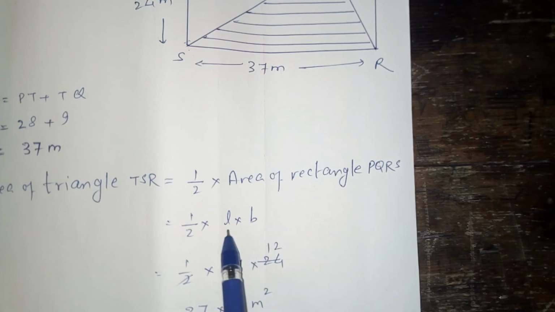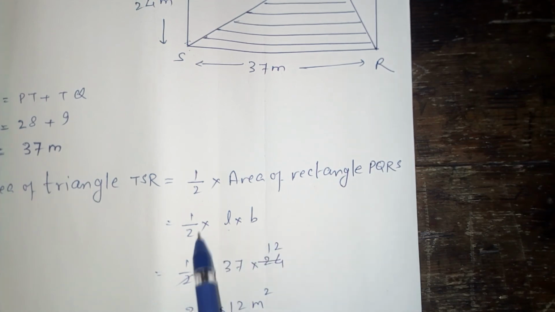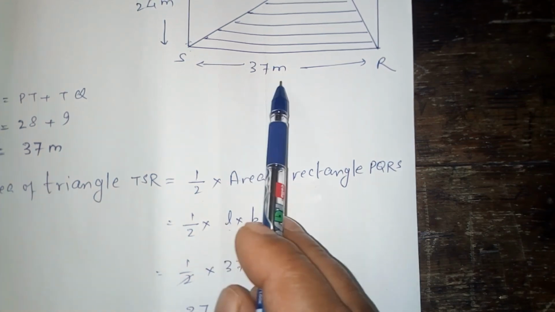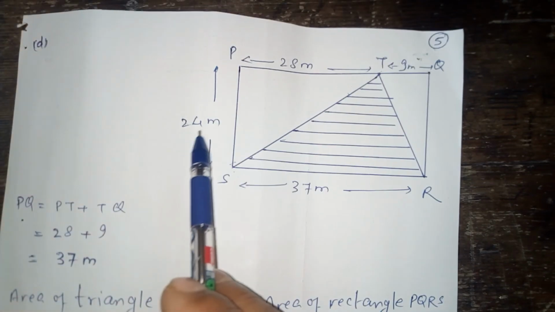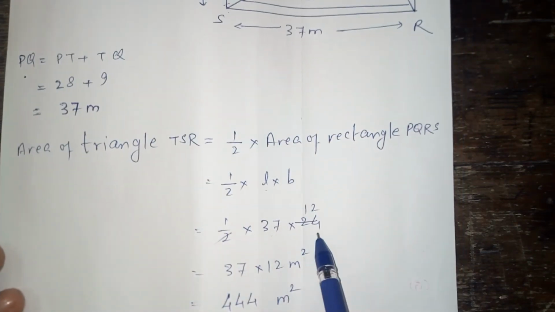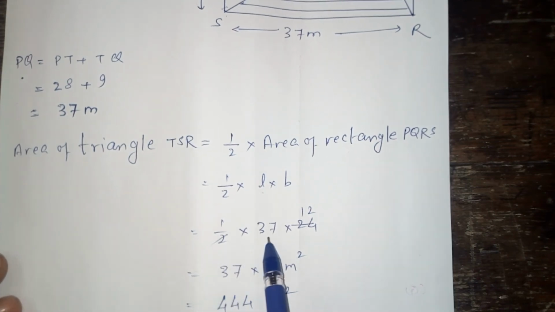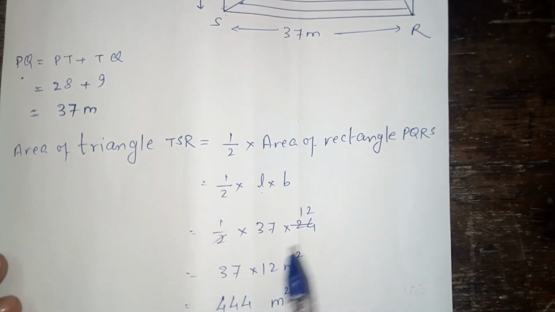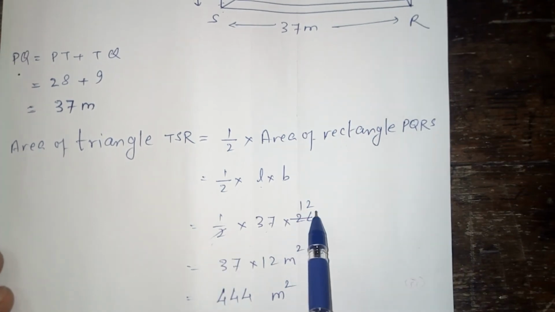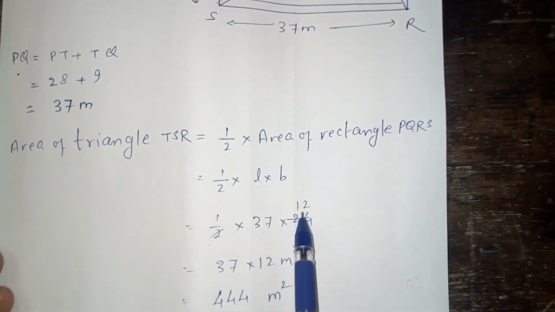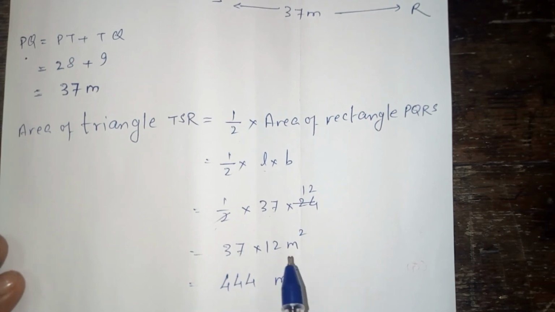Area of rectangle is length into breadth, half into length is 37 meter, 37 into breadth is 24, so half into 37 into 24. After cancellation, 2 ones are 2, 2 twos are 4. Okay, 37 into 12.